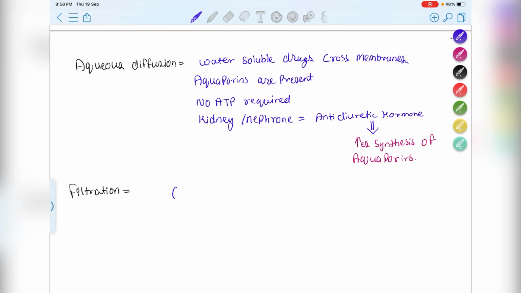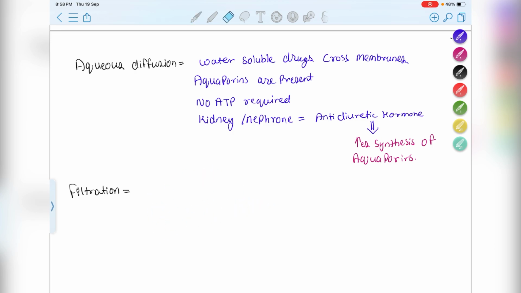Like this is a cell, this is one more cell, and the drug is crossing by here. This space is known as paracellular space. So if the drug is crossing from the paracellular space, this process is known as filtration.